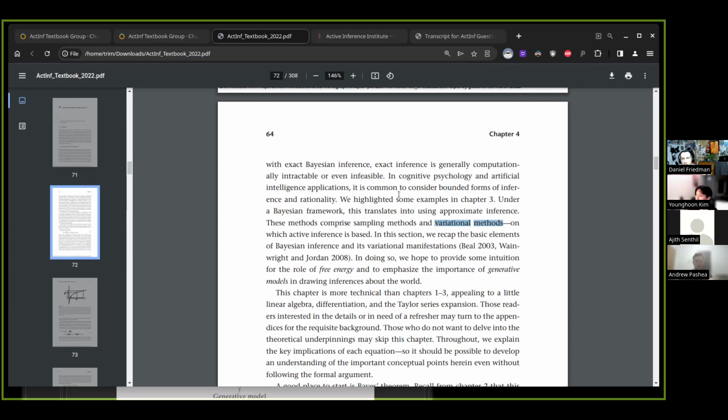Exact Bayes would allow us to compute the minimum surprise model, which would be the maximum evidence model. We're not going to be able to compute exact Bayes in general. How can we approximate it? Well, with sampling and or variational. Sampling has some situational advantages, but variational is a much more flexible approach. It's a lot more tractable. It's incrementally optimizable.